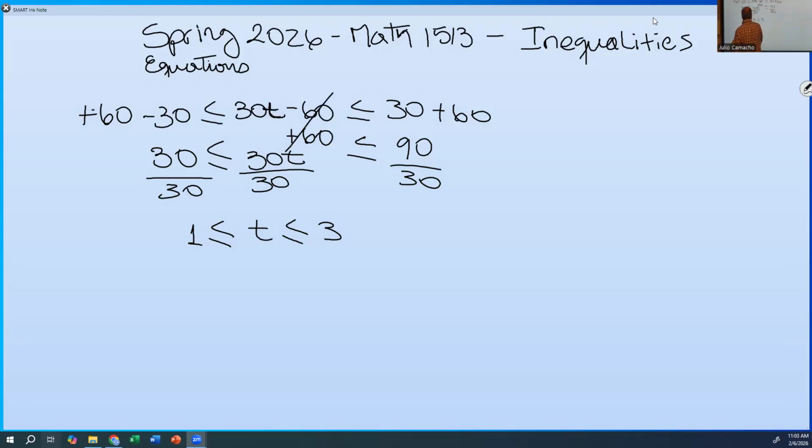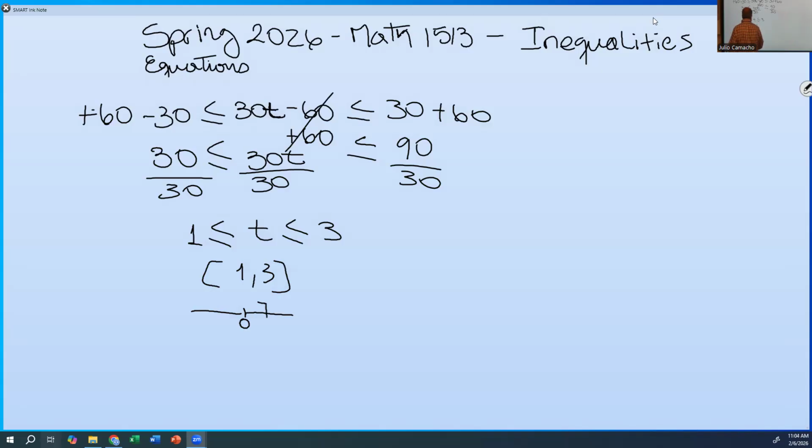Let's graph first of all, and when you put the answer in interval notation, do you put brackets or parentheses? Brackets, because it's greater and equal. You put your bracket, you put your 1, comma 3. That will be your answer. Then you have to graph it.